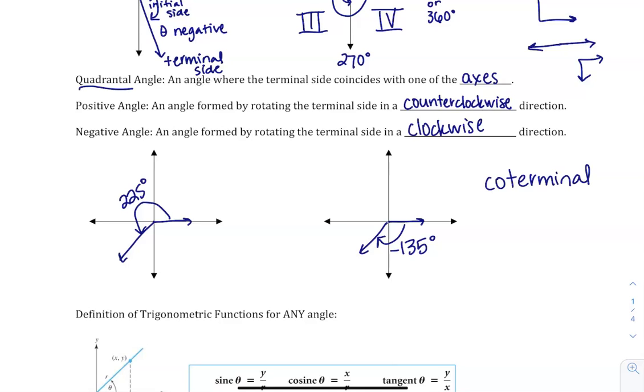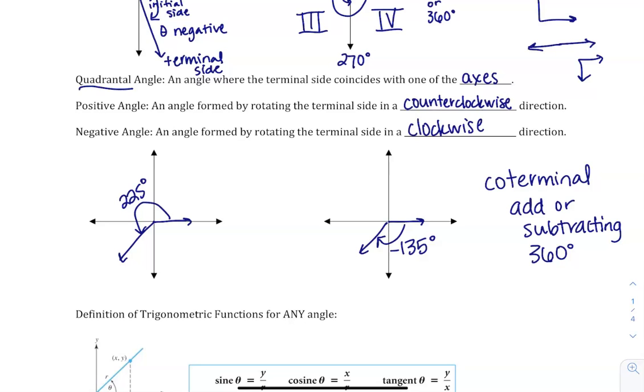And you get coterminal angles by simply adding or subtracting 360 degrees. So you can see here, if you subtract 360 degrees from 225, you end up with negative 135. And that's where you can see that these are the same looking angles, even though they have a different value.